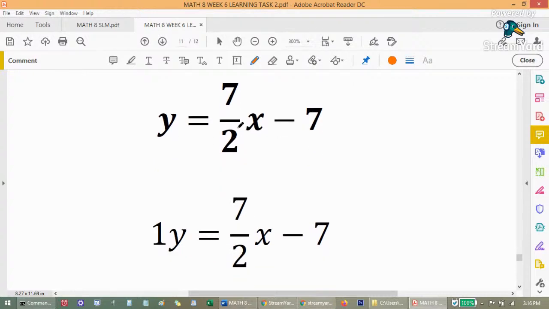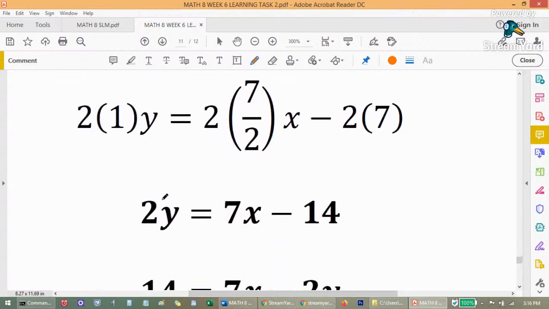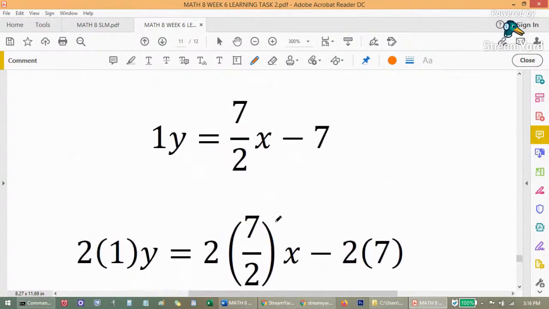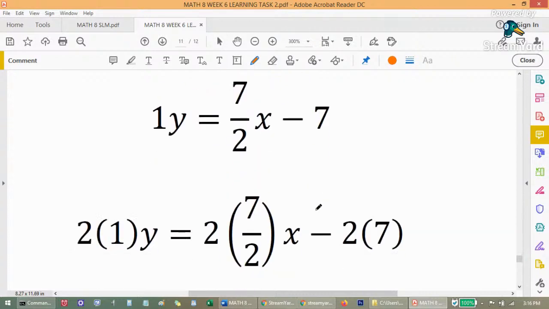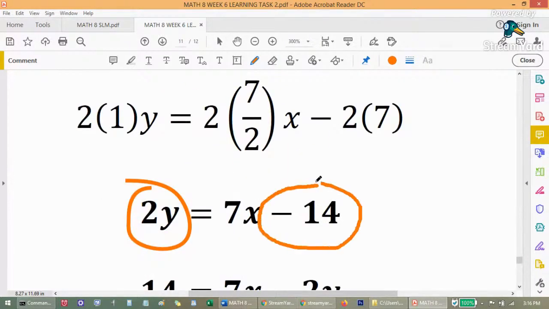So, the short method is 2 times y is 2y and 2 times negative 7 is negative 14.